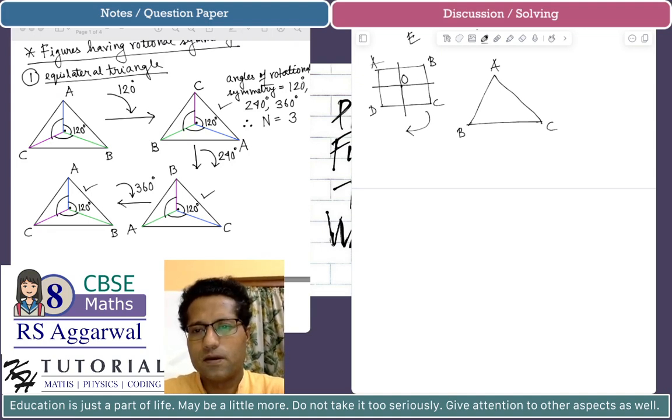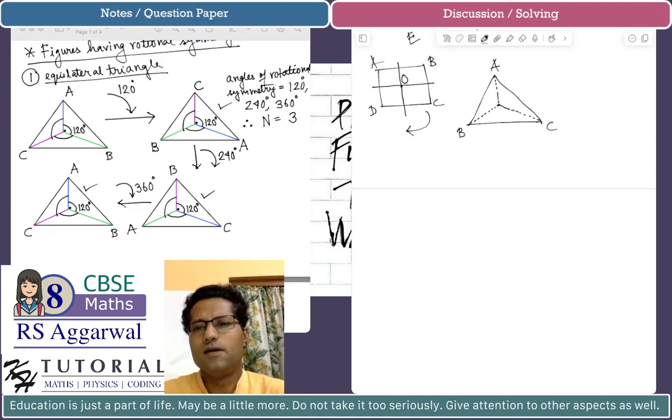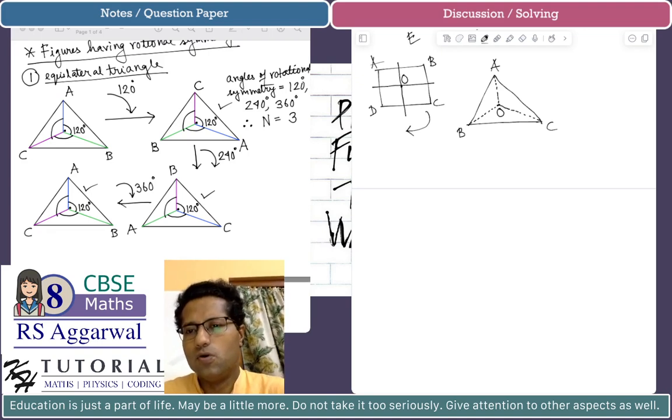This is the angle bisector of angle B, this is the angle bisector of angle C, and this is the angle bisector of angle A. They will intersect at a point O. So AO, BO and OC are the 3 lines of symmetry.